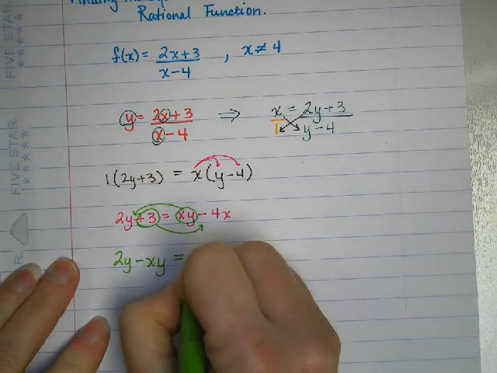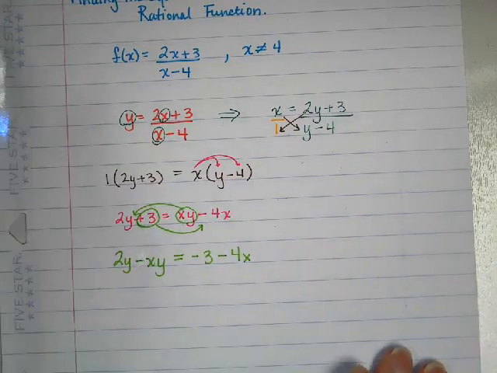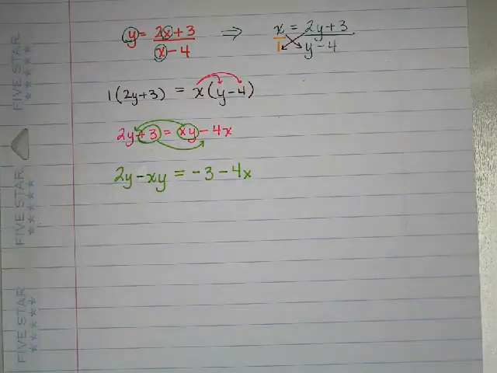That equals negative 3 minus 4x. Okay, so now I have what appears to be maybe a little bit of a problem. 2y and negative xy cannot be added together. They're not like terms. So how am I going to get y by itself if I can't combine them into one y?